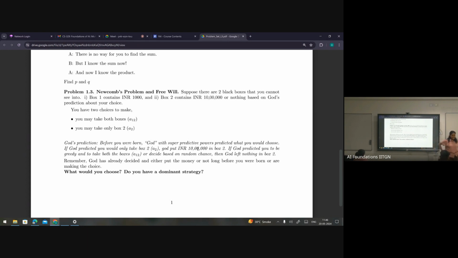We don't know that. That's the entire point, right? We don't know in advance. But if he has predicted that you are not greedy and has put in the 10 lakh, then you take the 10 lakh and also the 1,000 because you are maximizing. But then his prediction is wrong. But even if his prediction was correct, he would have put 10 lakh. One disclaimer, God can explain.